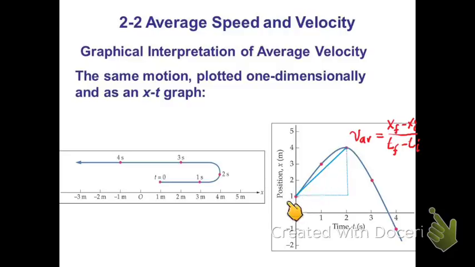This is the hypotenuse, and in the vertical direction we have this displacement, because the length of this line is nothing but x final minus x initial, and this horizontal side of the right triangle is nothing but the total elapsed time from the object going from position 1 to position 4.